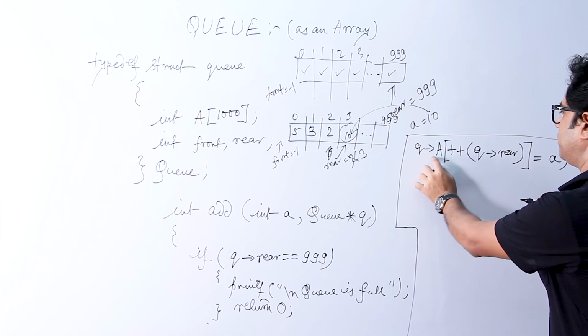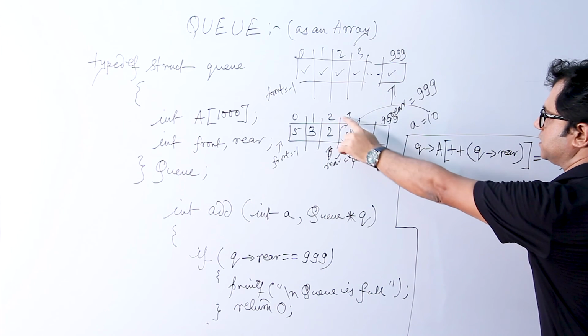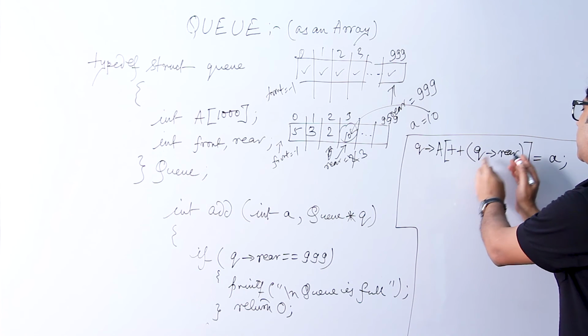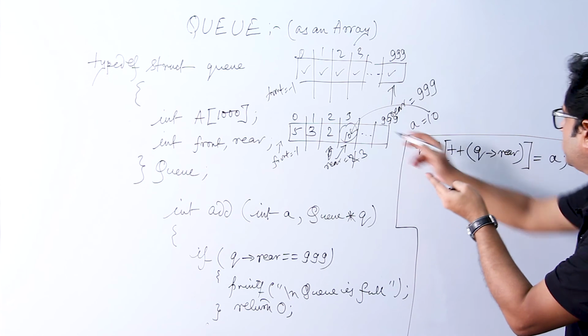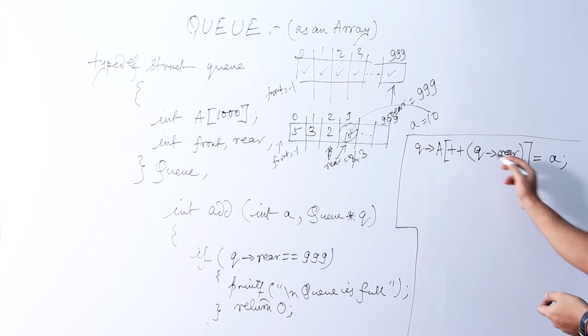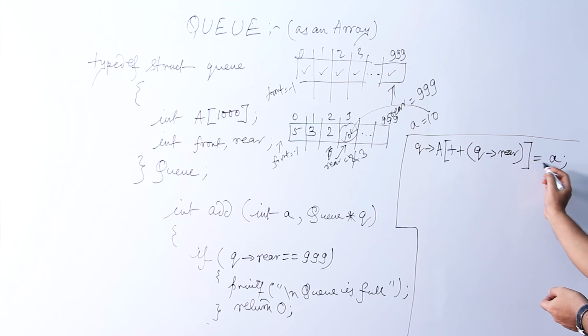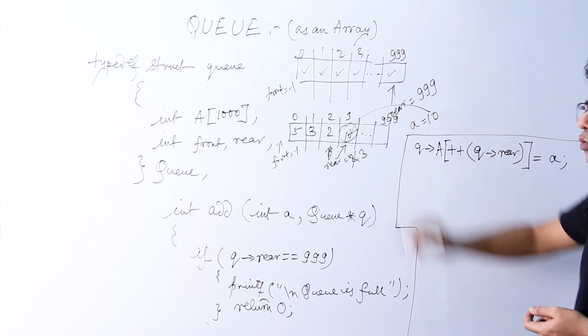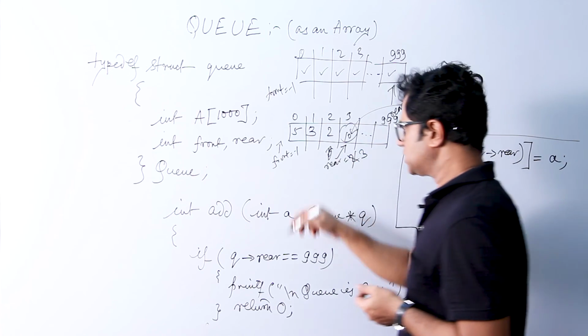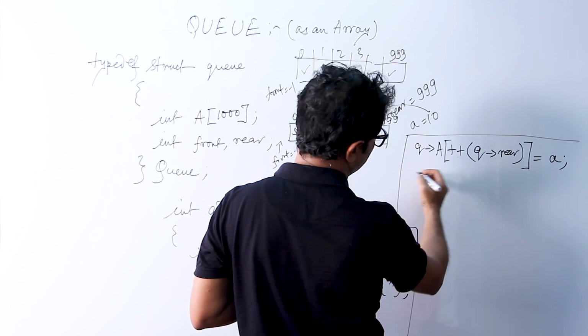See, Q A means that is the array, and this plus plus before Q rear means we are incrementing the rear before the addition of the element A. After that pre-increment operation we are going to assign the data item A into the Q rear position, the updated Q rear position. So this is the code of the addition portion of this function.